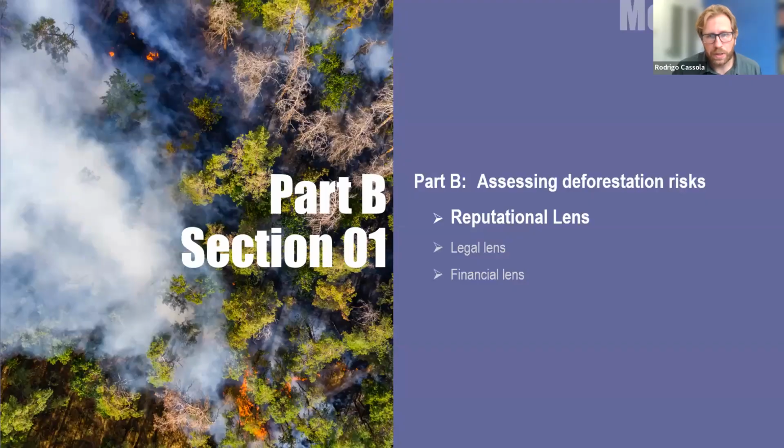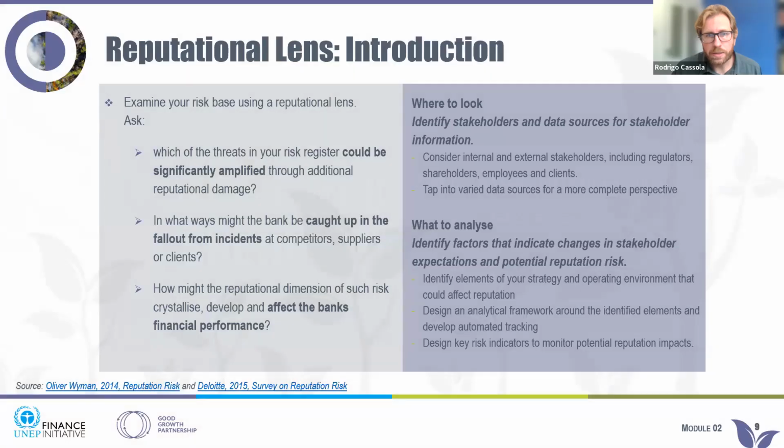So starting with the reputational lens, next slide, please. Starting with three key questions when thinking about reputational risks in general. As I go through them, I would like to ask you to reflect on how those relate to your portfolio when it comes to deforestation risks from a reputational lens.